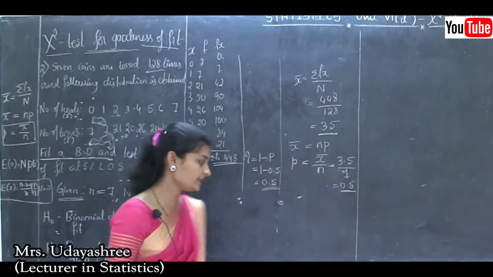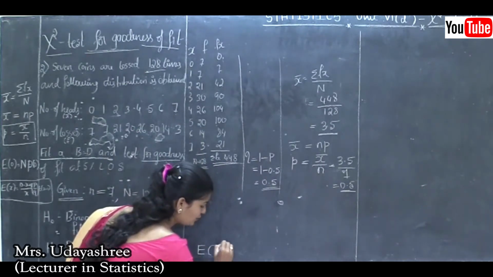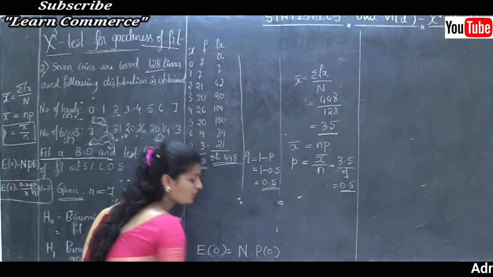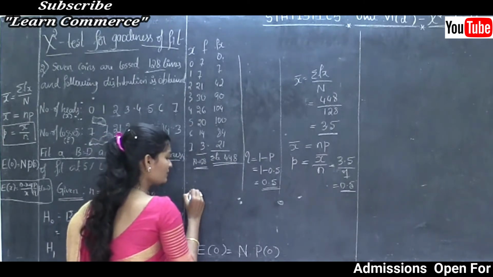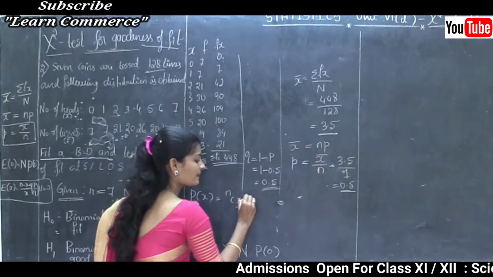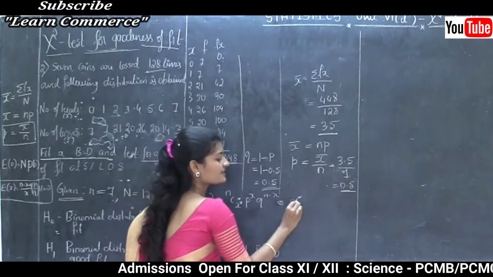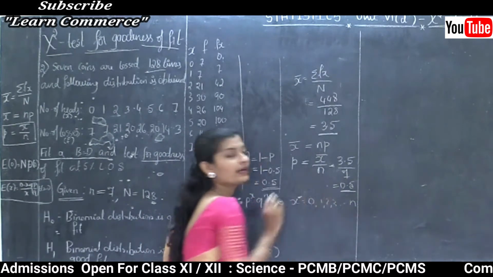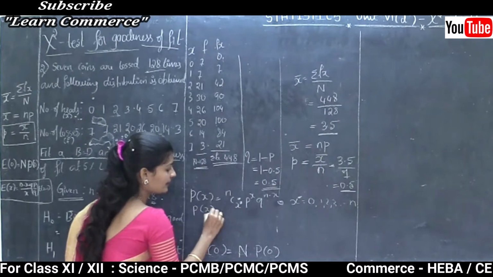Next, step 3 is we need to find E of 0, which is equal to N into p of 0. Before that I will write what is p of x. In the binomial distribution, p of x is nCx p to the power x q to the power n minus x. Here x takes the value 0, 1, 2, 3, and so on up to n, and we know the value of n.